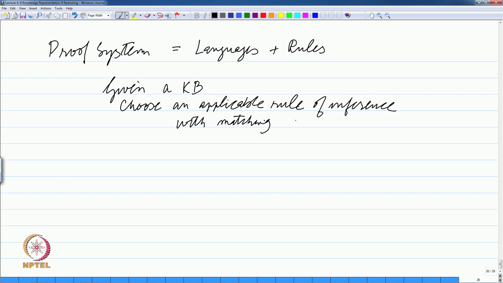I am saying data, but essentially with matching sentences, and add the consequent to the KB.